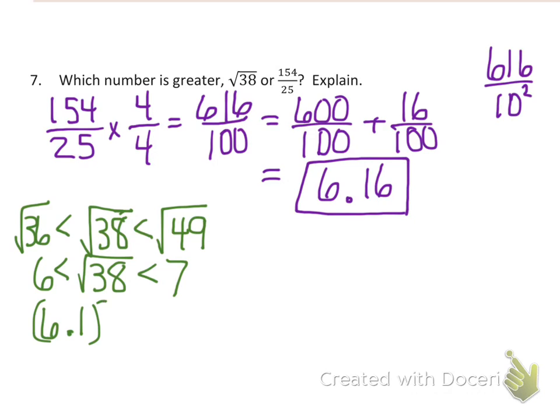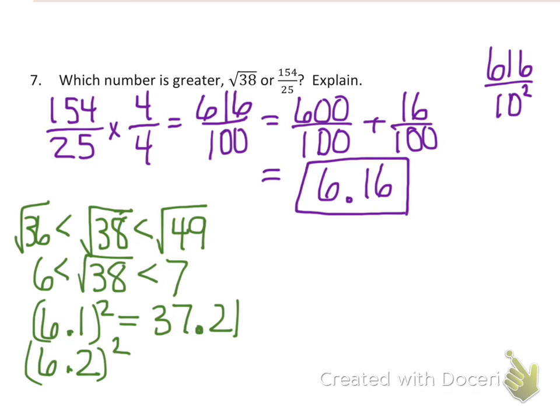And if I check 6.1 squared, I'm going to get, what is it? 6.1 squared is equal to 37 and 21 hundredths. Okay, so I know that 6.1 is too small, so I can try 6.2.